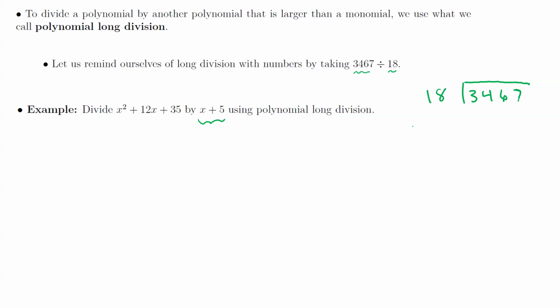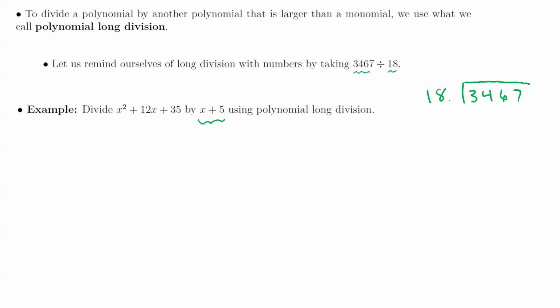All right. So you might remember the first thing you do is you try to put the thing that you're dividing by into as few digits as possible that you see here. So you'd say, how many times can 18 fit into 34, right? Well, 18 only goes into 34 once because 2 times 18 would be 36, which is a little too big.